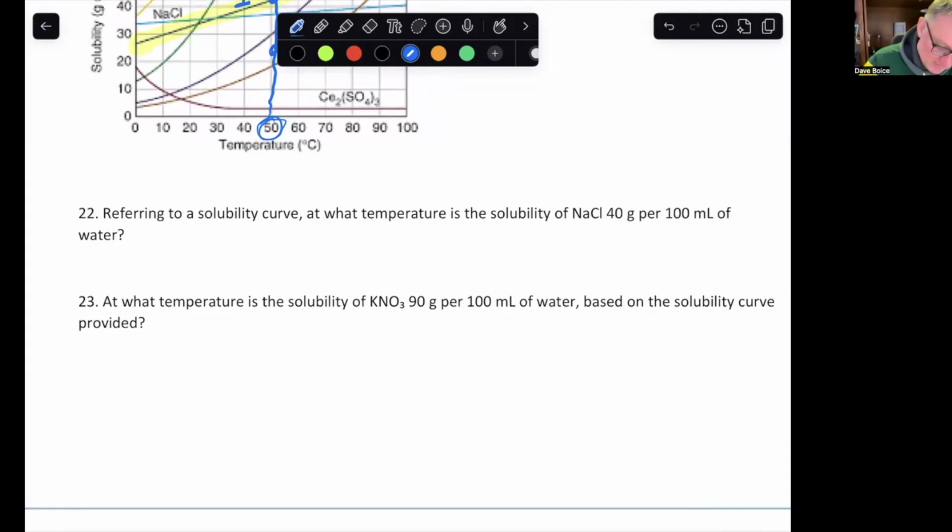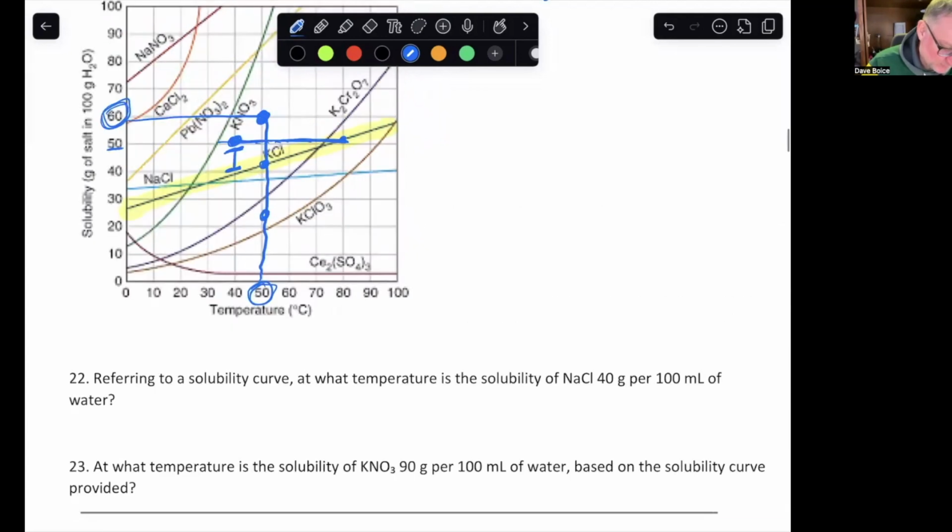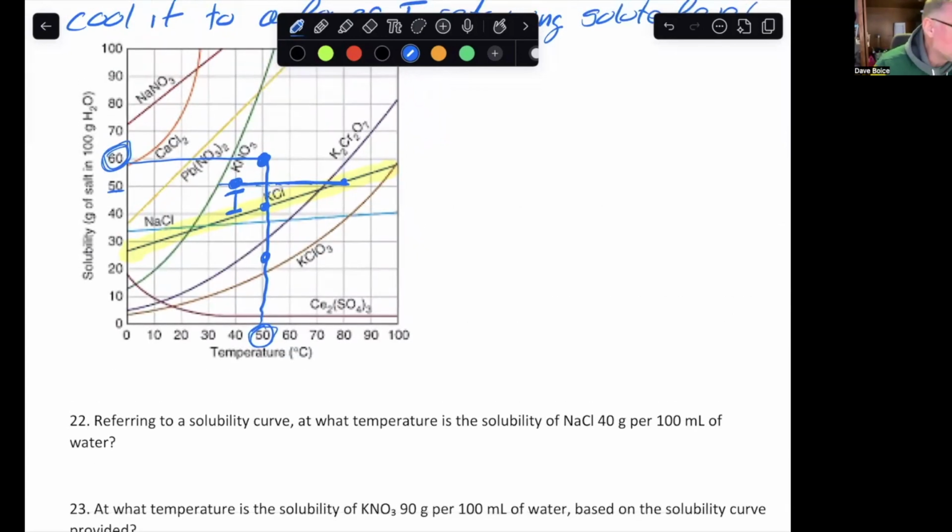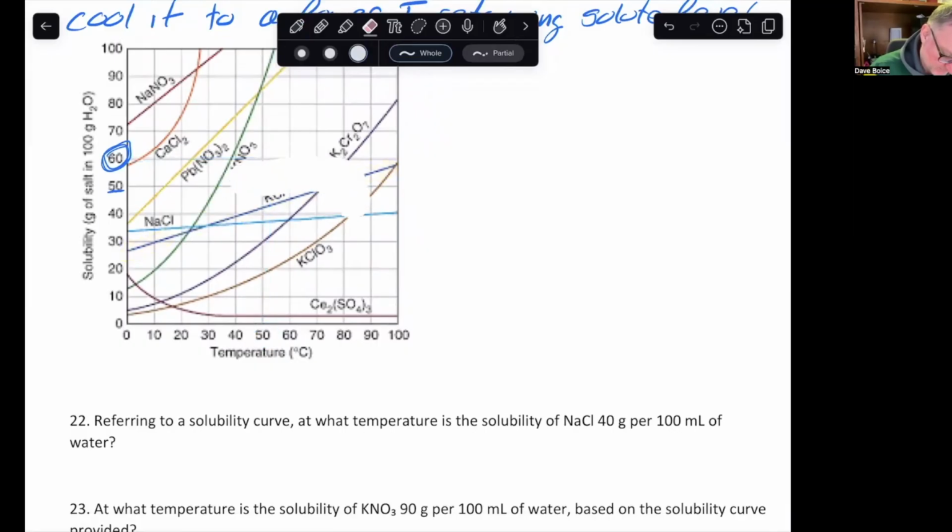Okay, number 22, referring to the solubility curve, at what temperature is the solubility of NaCl 40 grams per 100 milliliters of water? First thing I want to do is take a look here at my chart. One thing to note is that water weighs exactly 1 gram per milliliter, so 100 grams of water is the same as 100 milliliters. So here's 40 grams, and let's find NaCl.